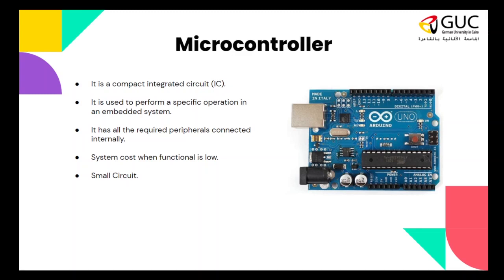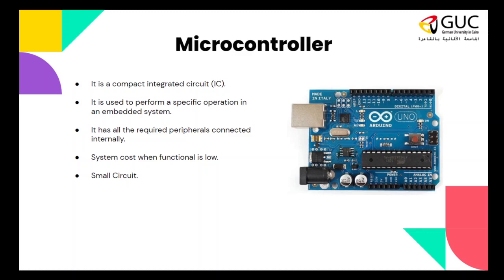Unlike the microcontroller, as we said earlier, that already understands the type of inputs, how it will get them, and the expected kind of output, and how it will send or display it.